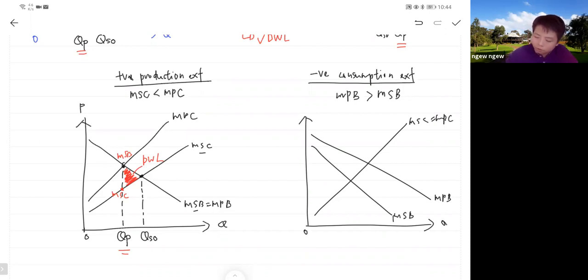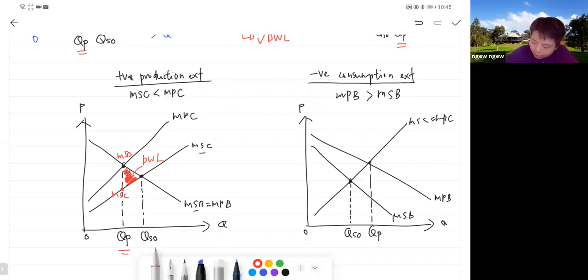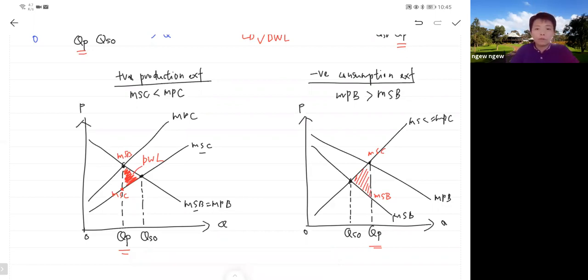Okay, Q, P. Again, identify the socially optimum level of output first. And then the private sector output. And then based on the private sector output, the difference between MSB and MSC, the triangle, so driving towards your socially optimum level of output, that is your deadweight loss.